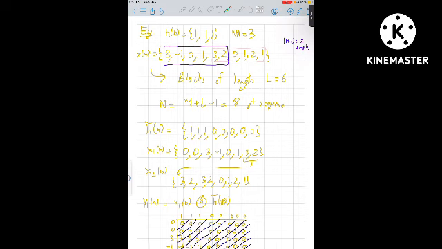Okay, so what will we take? We will take blocks of length L equal to 6. So m is 3 and L is 6. So what is N? M plus L minus 1, that's an 8-point sequence.